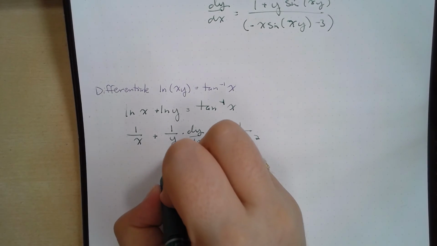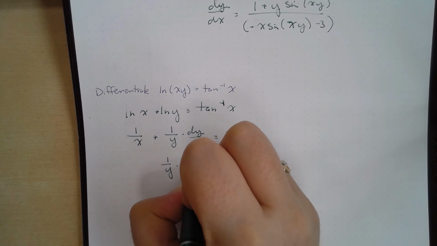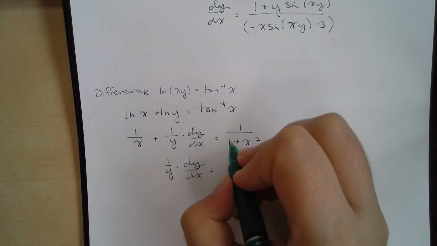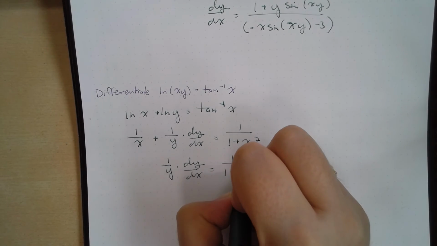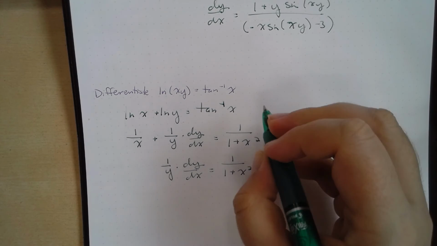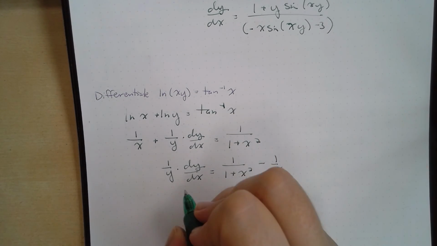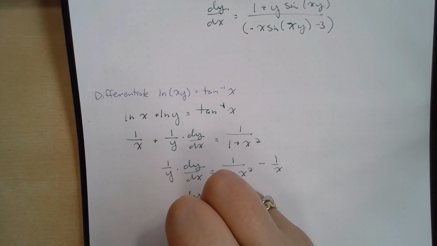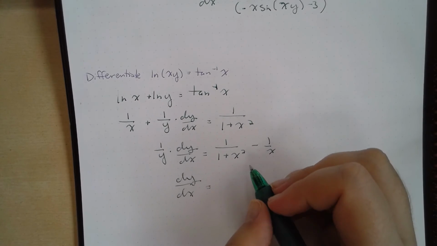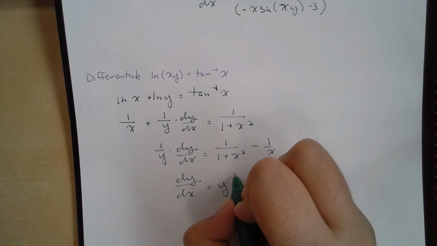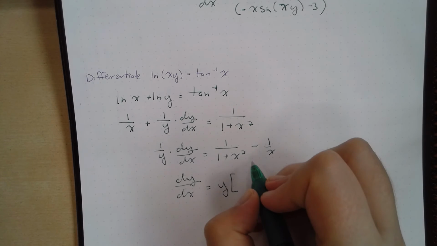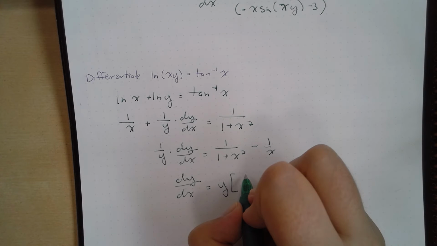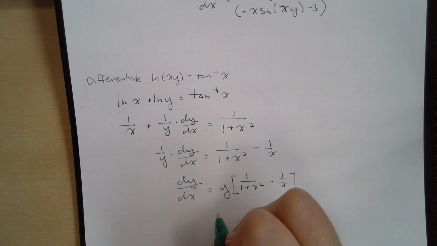So now I have 1 over y times dy over dx is equal to 1 over 1 plus x squared minus 1 over x. So dy over dx is equal to y times 1 over 1 plus x squared minus 1 over x.